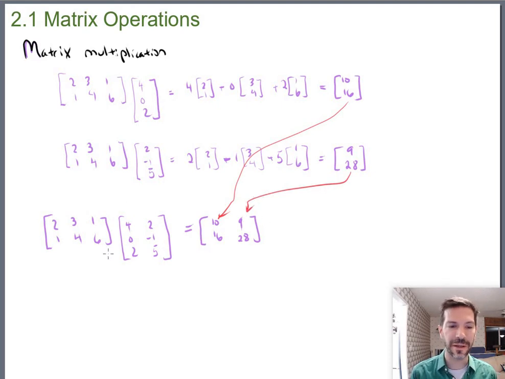So really, when you look at this matrix A times another matrix B, you really want to look at the matrix B as its own little set of vectors, and then just do the first vector, do 4, 0, 2 times the matrix, that becomes your first column in the answer, and then do your second vector, do 2, negative 1, 5, and that becomes your second column in the answer over here.